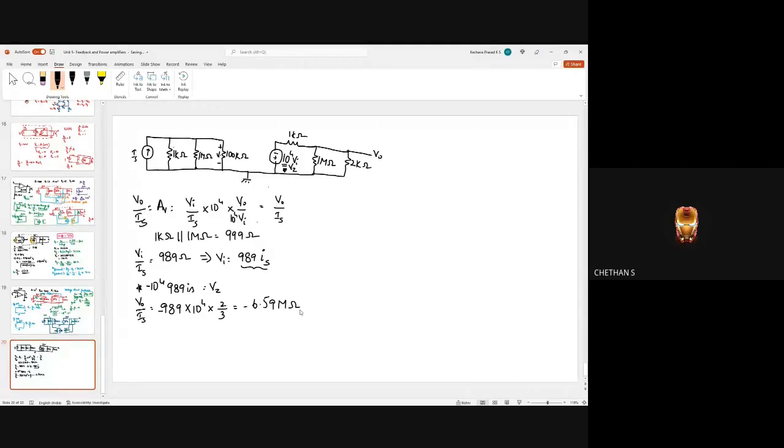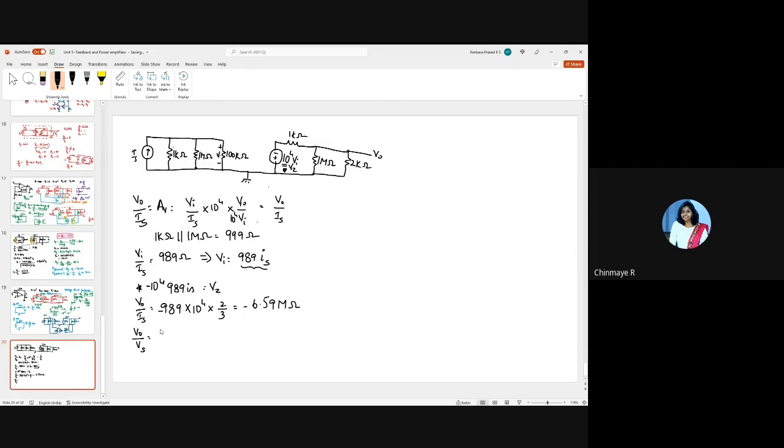Okay. So now similarly, if you want to calculate V0 by Vs, can you tell me how much that will be? See, Vs is nothing but Is into Rs, right? So how much will be V0 by Vs? So what is acting as Rs here? 1 kilo ohm is acting as Rs. So therefore you divide both numerator and denominator by 1 kilo ohm.